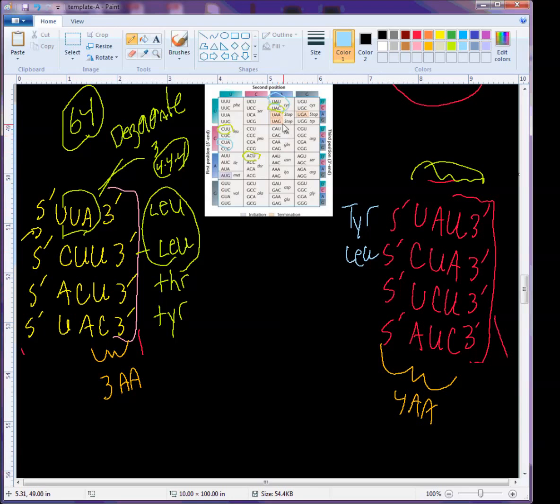UCU, serine, and AUC, isoleucine. Okay, so this was a fun problem. You had to know a little bit about how repeating copolymers work, how the assay worked, and need to know how to use codon tables to look up codons and the amino acids that they code for.